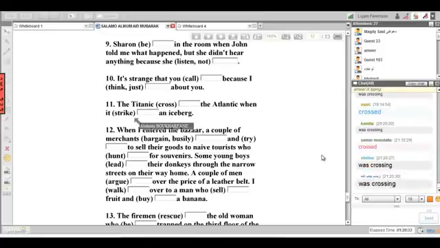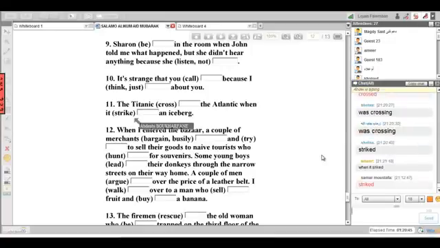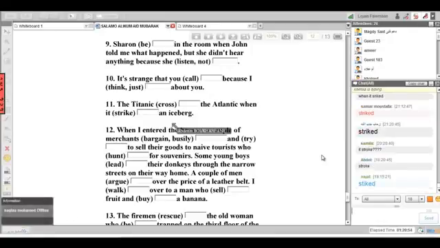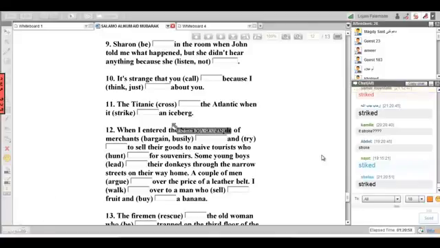Good. Okay, they were trying to sell their goods to naive tourists who were hunting for souvenirs. Okay, hands. No problem, don't be sorry, Shifa. Okay, hunting here, were hunting. Yes, right.